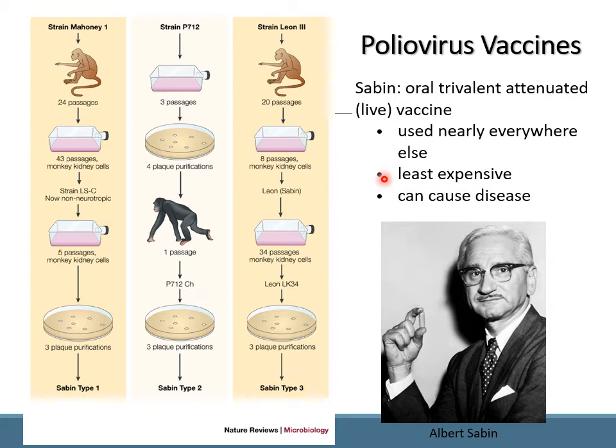It doesn't require syringes. It doesn't require medical personnel to give the vaccinations. But the downside is that these viruses can and do occasionally revert to being able to infect human cells, and they can cause disease in rare cases.